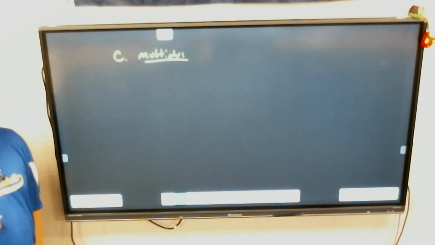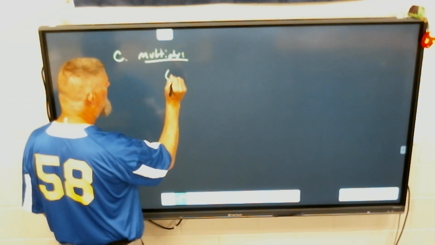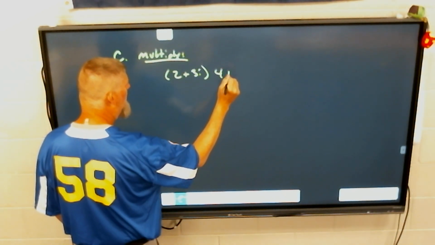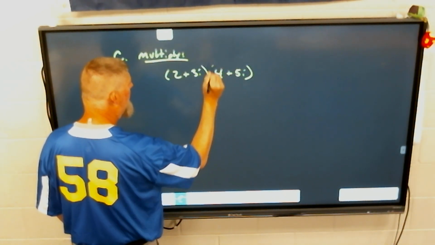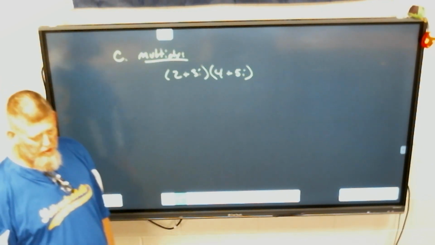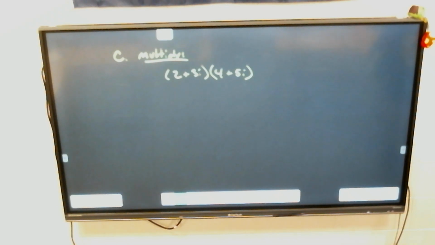Okay, this is the one that's important when it comes to i's. If I give you something like 2 plus 3i times 4 plus 5i. Now when I added and subtracted rational or imaginary, I simply combined like terms. How would I do this if this was 2 plus 3x and 4 plus 5x? What would I do?